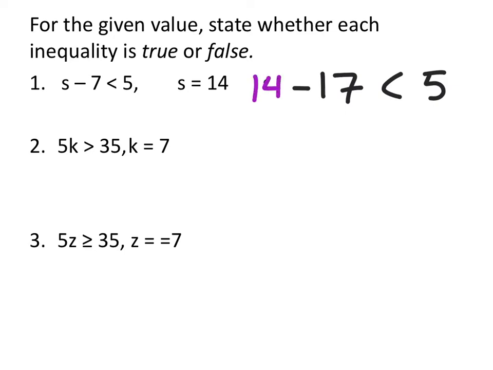Now when I do, I just want to see if it's true, so I'm going to put a question mark right there. Oh, 7, yeah, thank you. There we go. Well, 14 minus 7, that changed it completely, is 7. Well, this says that 7 is less than 5, and 7 is not less than 5.